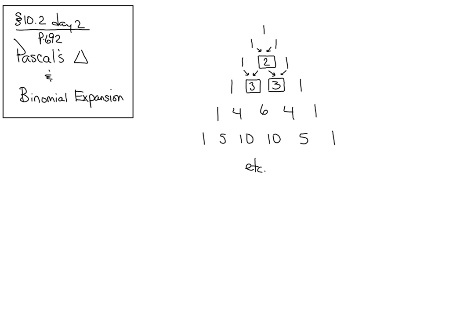Seems like a totally random, arbitrary kind of structure, right? But it actually has a number of different applications. We're only going to talk about a couple of them. There's only one that we really care about today. First of all, I need to tell you the rest of the structure. These going from left to right are rows.